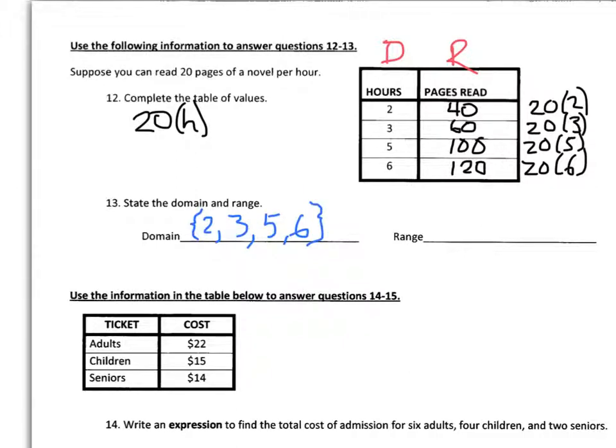That one wasn't as good. Okay, now for the range, again, I'm just going to go to this category and list them in order again. So that's going to be 40, 60, 100, and 120. All right, that takes care of that part.